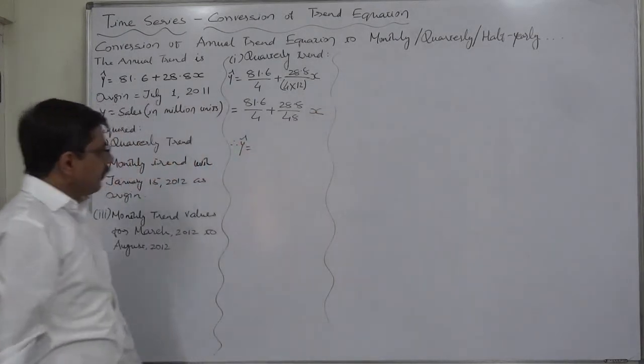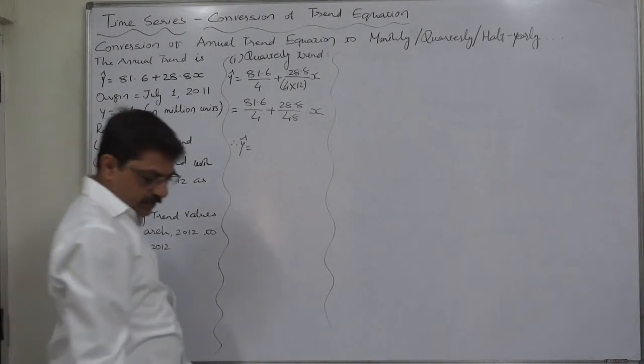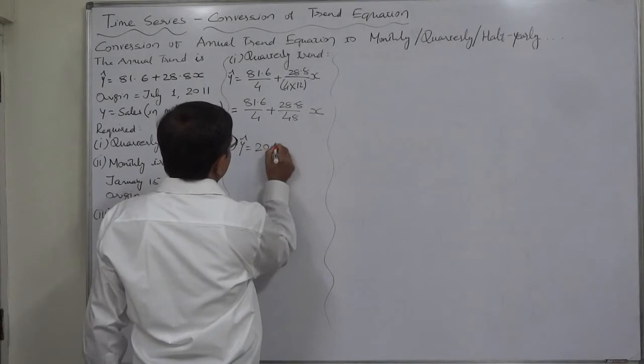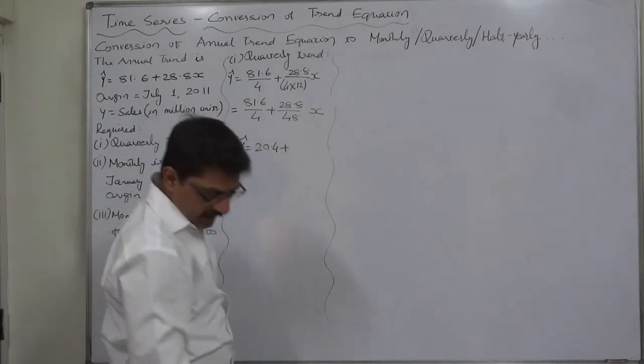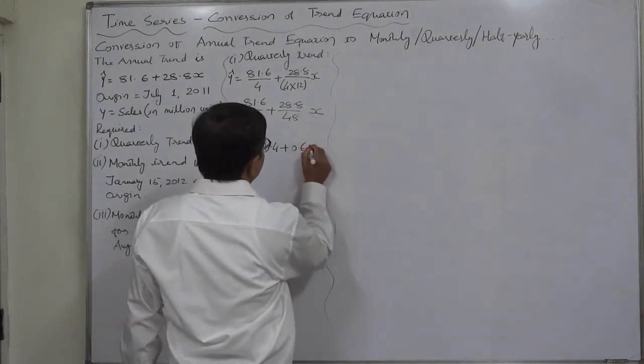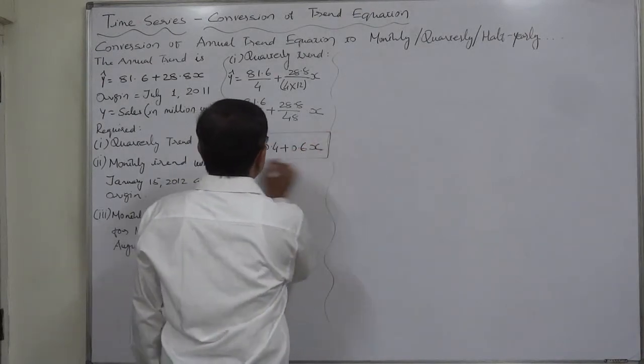So the quarterly trend is 81.6 divided by 4, which is 20.4, plus 28.8 divided by 48, which is 0.6x. This is the quarterly trend.